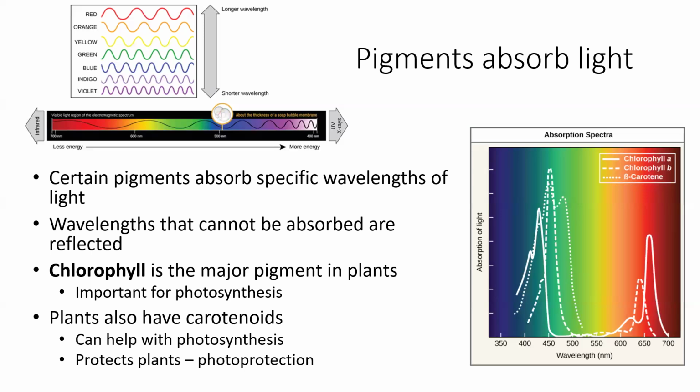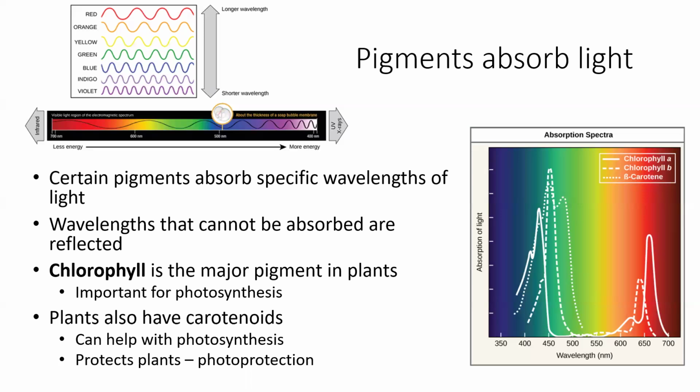Plants have other pigments as well, specifically carotenoids. These can also be helpful in photosynthesis. Something that's really cool is they provide photoprotection, where they help keep the plants from getting damaged by the sun's rays. If we look back at this figure over here, the tiny dotted line is looking at what types of light these carotenoids absorb.